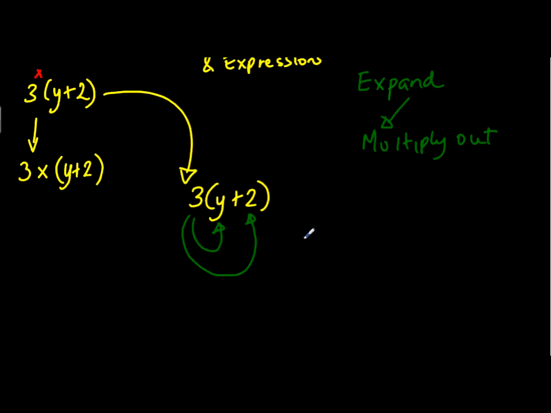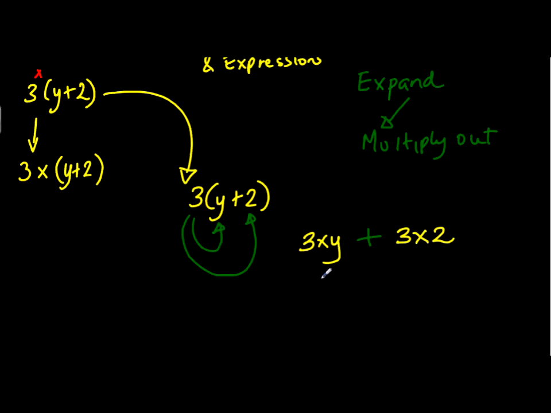So I have 3 times y, and 3 times 2, and I'm adding them because there is an addition sign between the y and the 2.